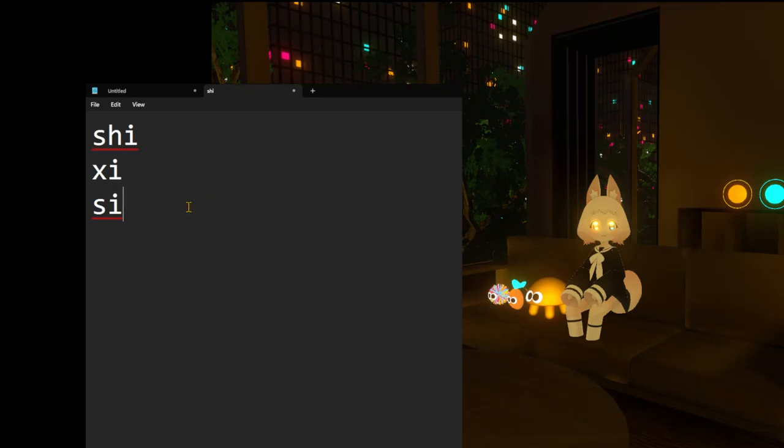This is why sometimes intermediate speakers who are still learning Chinese, the first time they saw this, they pronounce it as she. That's why in Kung Fu Panda, they have Master Shifu, but it's actually Shifu.